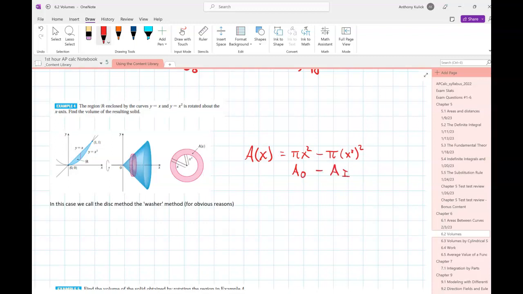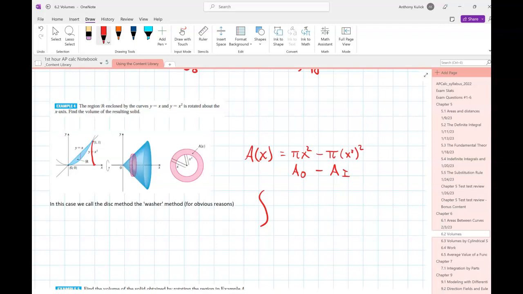Although I feel like, wouldn't that create a negative number because... Not if we're going from 0 to 1, though. Remember, look at the x values that we're going from. So from 0 to 1, x to the 4th will be smaller than x squared. Yeah. So we're good. It won't be negative. I know. You look at that and you think that feels wrong, but it's not. It's okay. All right, so there's my area function.